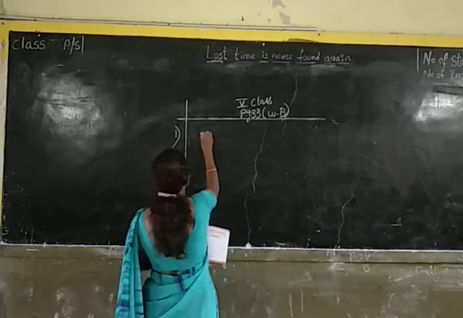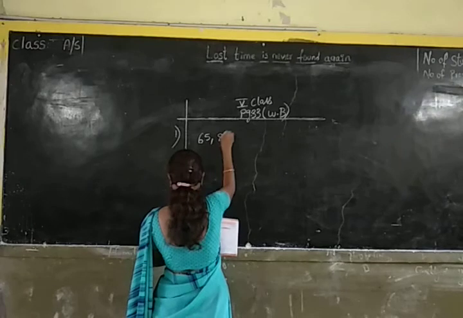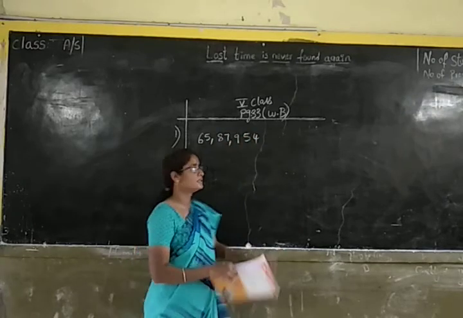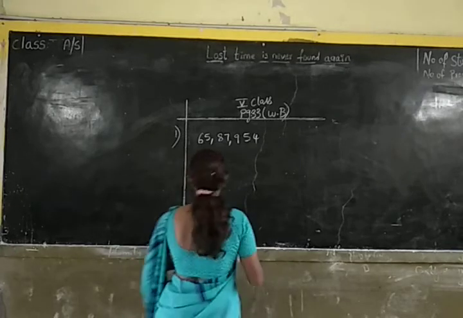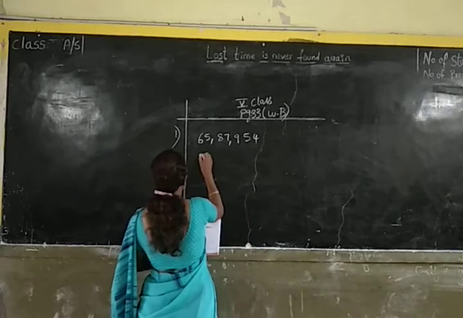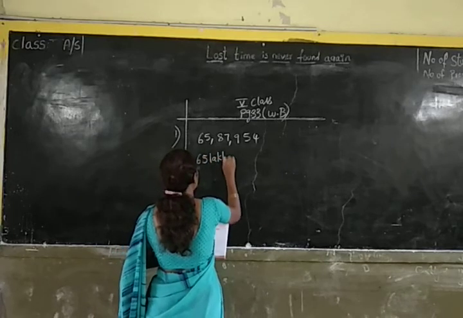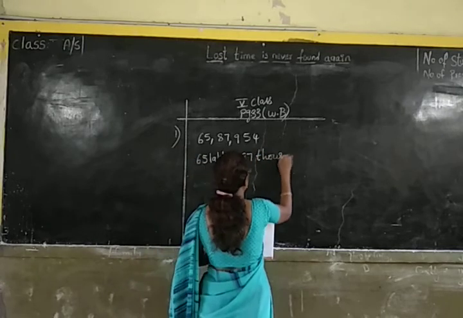Here a number is given. Now you have to write down the number name in Indian place value system. So what is the number name for this number? 65 lakhs, 87,000.